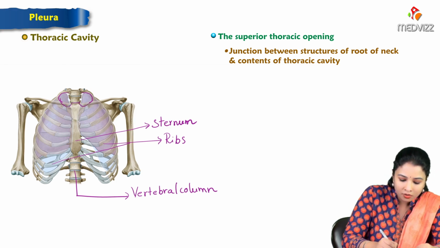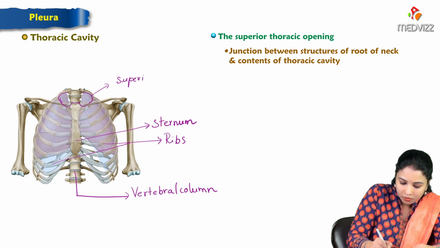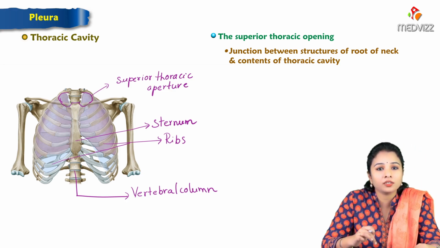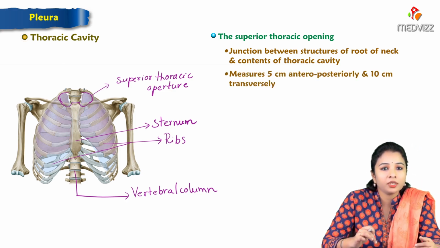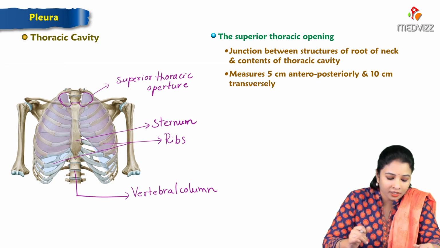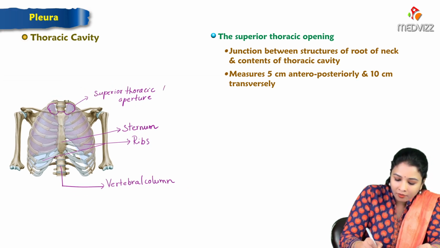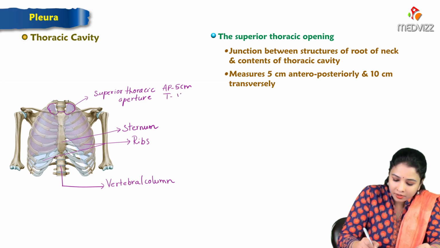This is the superior thoracic aperture, and the anterior-posterior diameter is approximately 5 centimeters and the transverse diameter is around 10 centimeters.